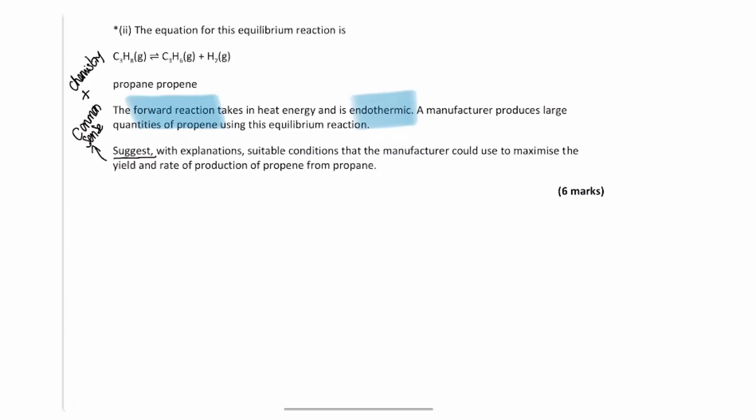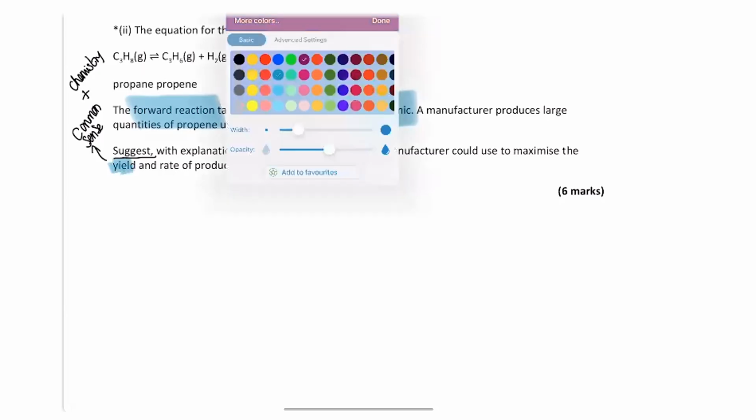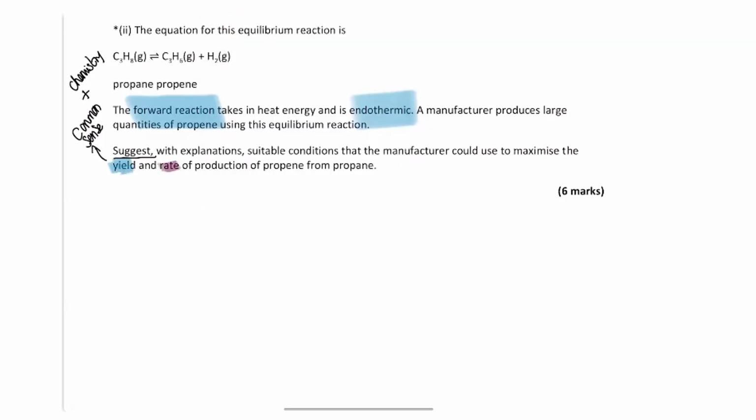But we need to talk about the yields and the rate. So this is a really common, really hard question when they're mixing these two things together, because you will have done them in class, but you've probably learned about rates of reaction and then you've learned about equilibrium reactions, but this is actually combining the two of them.